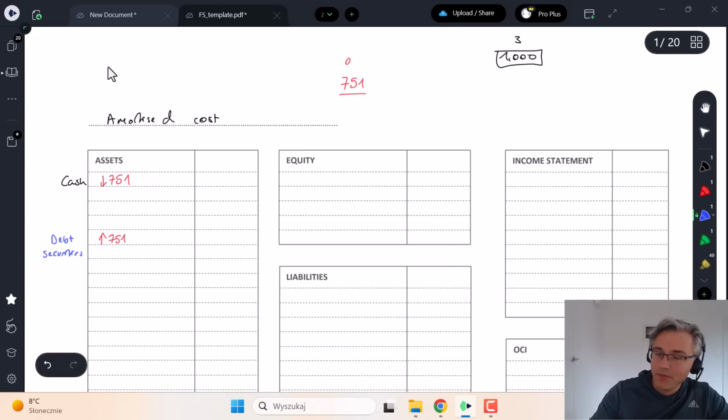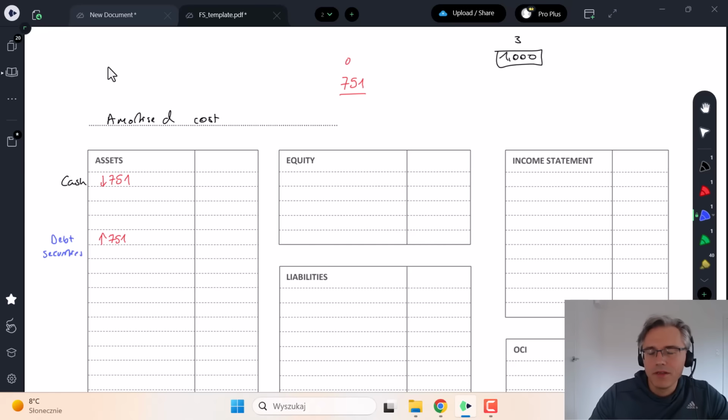And it's not a linear path, but it's a path that, if you already studied fixed income, you would know as the constant price yield trajectory. So something that would more or less look like this.